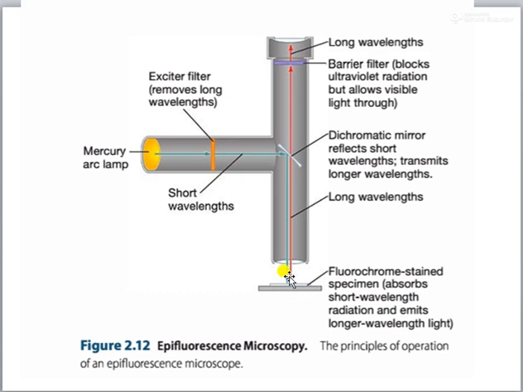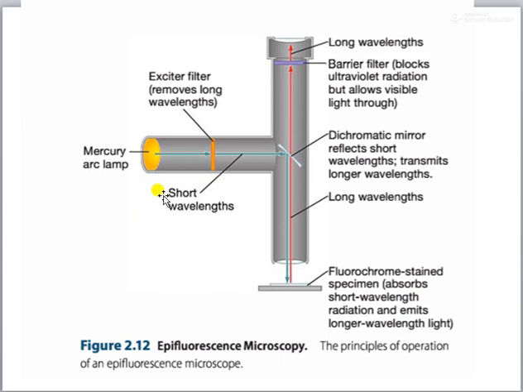Now this longer wavelength light is again passed through the dichromatic mirror. Then what happens? You also have a barrier filter over here which will block any ultraviolet radiation, but it will allow the visible light to pass through, and then you will be able to view your image over here. So this is the main principle of epifluorescence microscopy.